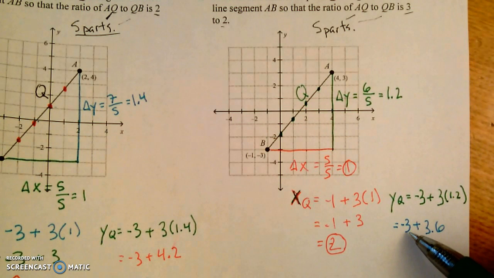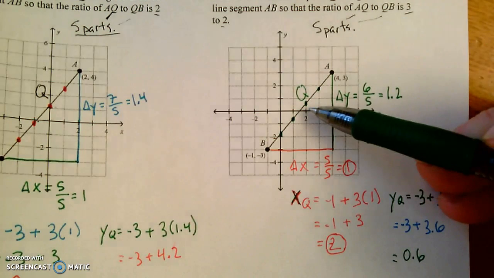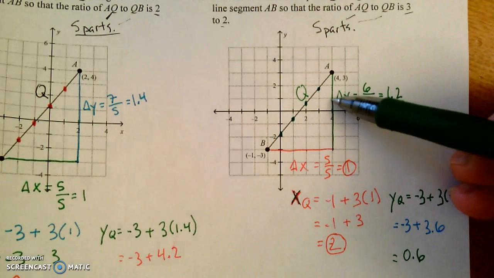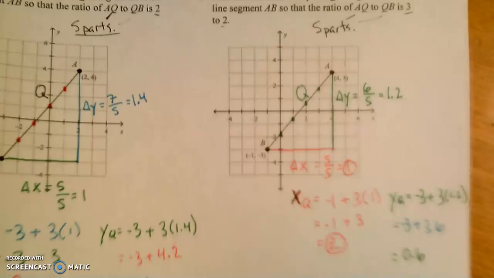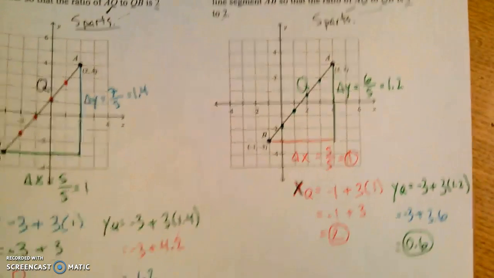We were down 3 spaces to begin with, and we went up 3 and 0.6, which gives us a positive 0.6. When we look here on the graph, we're on the y-axis, between 0 and 1, and it does look like we are a pinch closer to the 1, but not by much. So that makes sense. So our y-coordinate is 0.6.